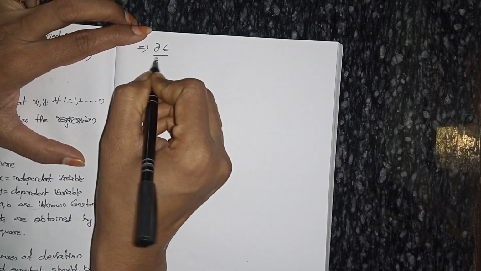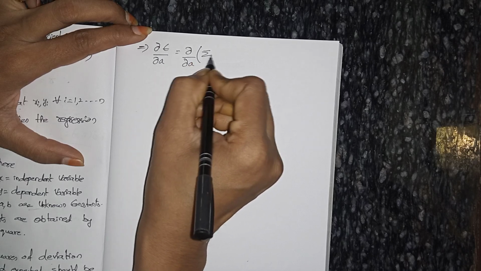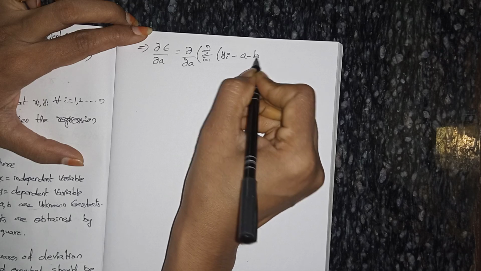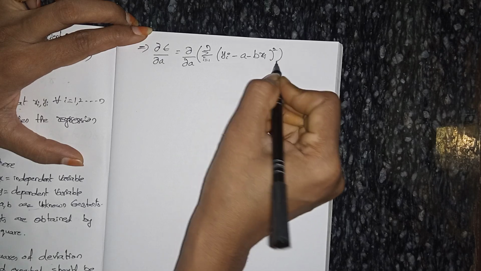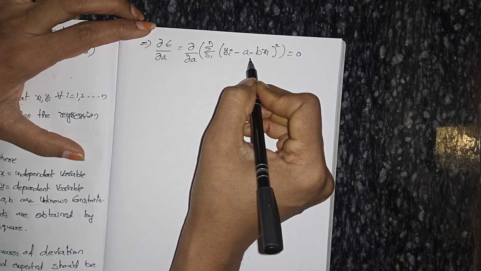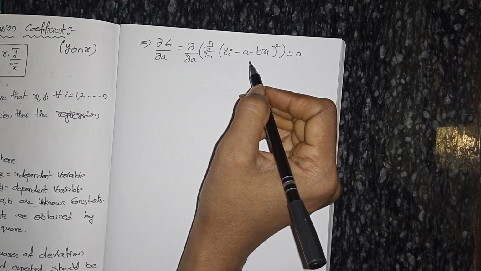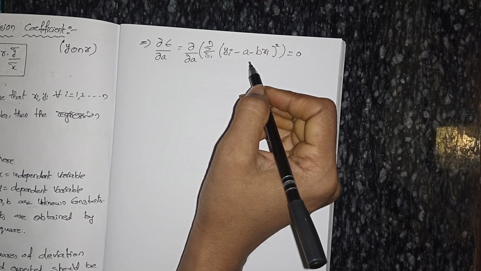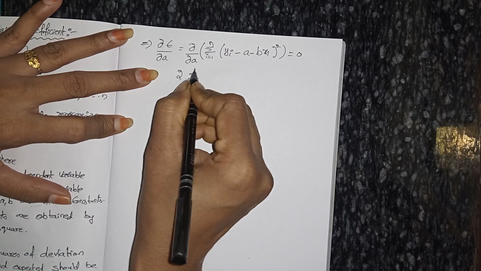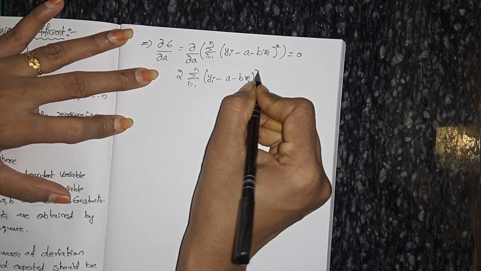So dou E by dou a equals dou by dou a of summation i equals 1 to n of (yi minus a minus bxi) whole square equals 0. If we consider the whole term as x, we have x square, whose differentiation is 2 into x to the power of 2 minus 1. So 2 summation i equals 1 to n of (yi minus a minus bxi) to the power of 2 minus 1.